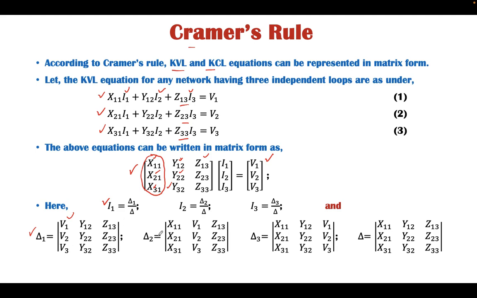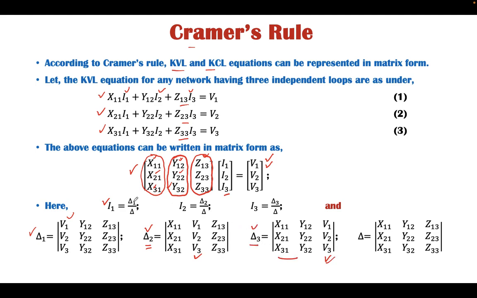Similarly, when we want to find delta 2, the second column of this matrix is replaced by the right hand side, this one. Then the determinant of the resultant matrix gives us delta 2. Similarly, when we want to find I3, the third column of this matrix is replaced by the right hand side, and the determinant of this resultant matrix is delta 3.